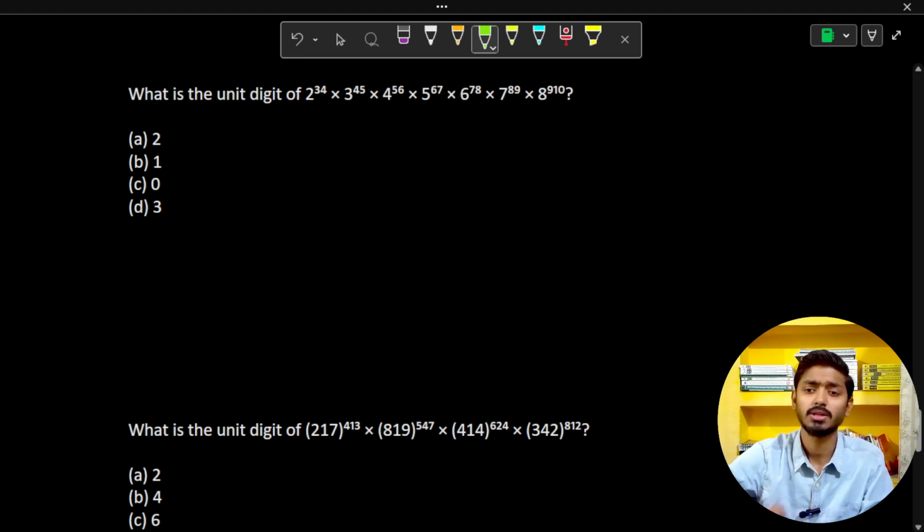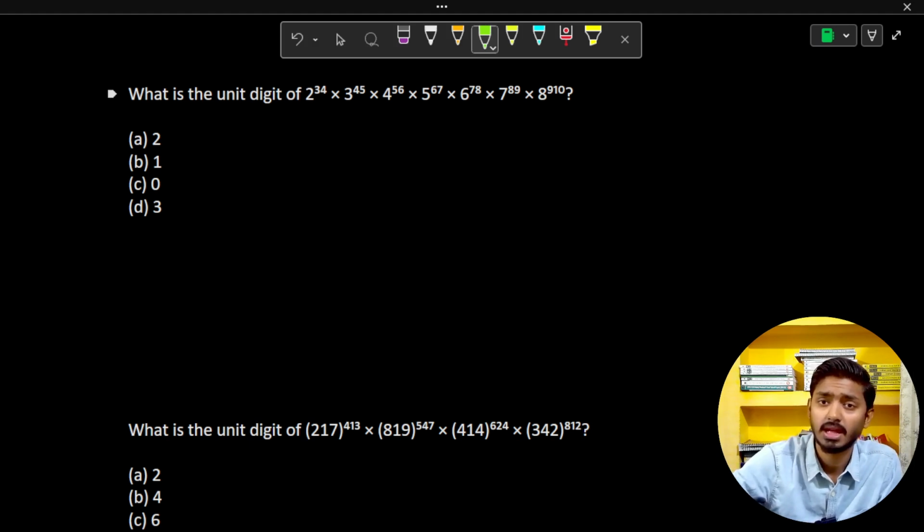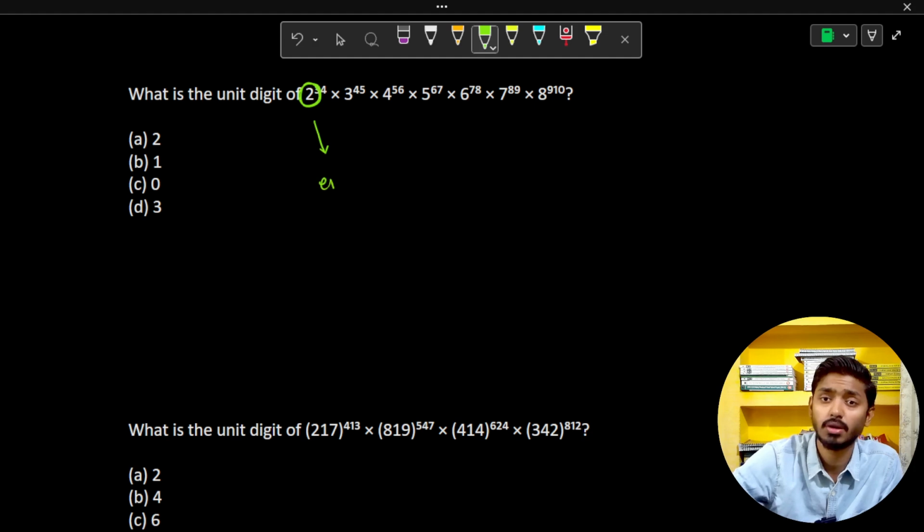Now this question looks very complex, so many numbers over here, so many exponents, but I'd say the answer is very simple. As you can see, it has 2 over in here. Whatever the power of 2 would be, it would always give us an even number. Whatever the power of 5 would be, it would always give us 5.